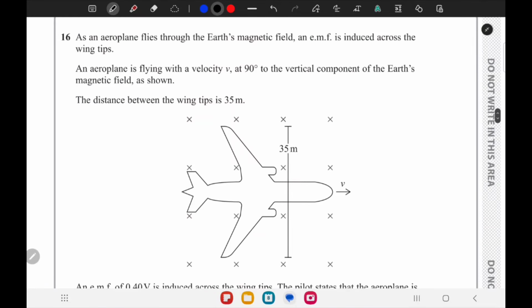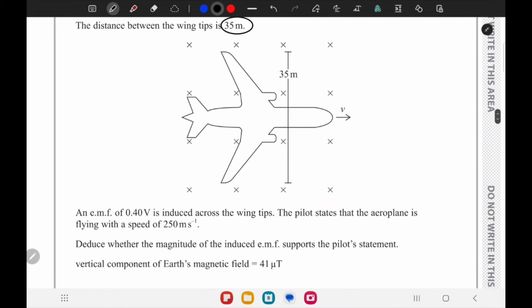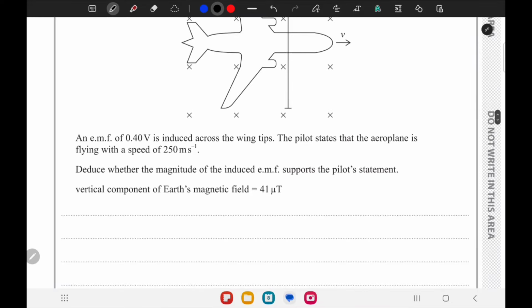Moving to question 16, we are given an aeroplane which flies through the Earth's magnetic field. The airplane is flying with a velocity at 90 degrees to the vertical component of Earth's magnetic field. The distance between the wingtips is 35 meters.